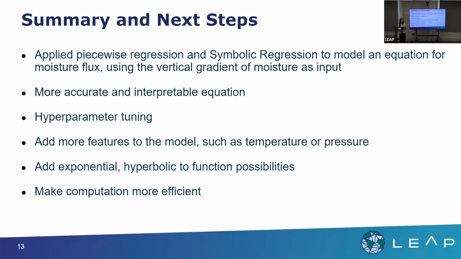For symbolic regression, it's a genetic programming method, so I didn't really get to use any of the genetic programming features because of lack of time. But then I think I could also add more features, such as temperature and pressure, maybe hopefully simplify and improve that accuracy. I think I could maybe try to add other function possibilities, and all of this with an underlying understanding that I want to improve computational efficiency.